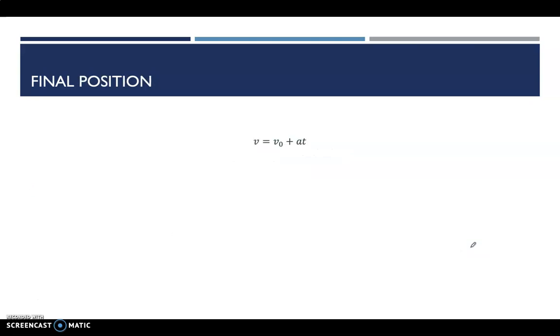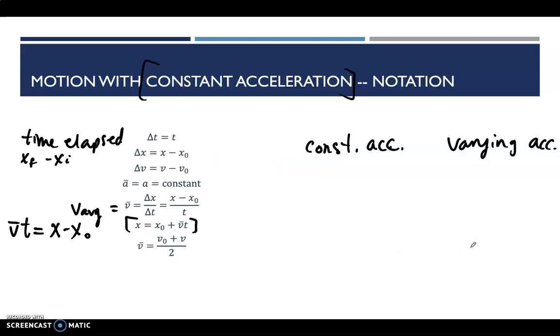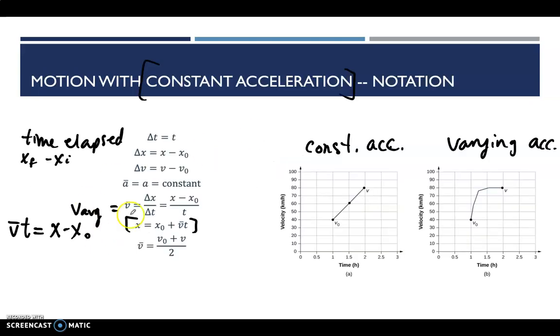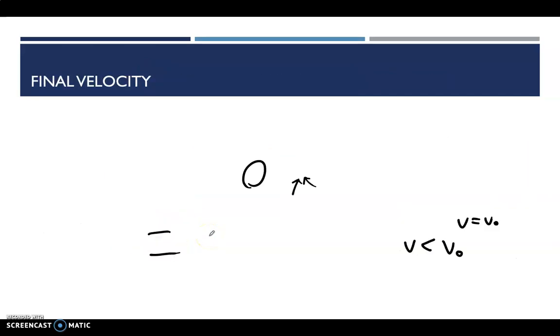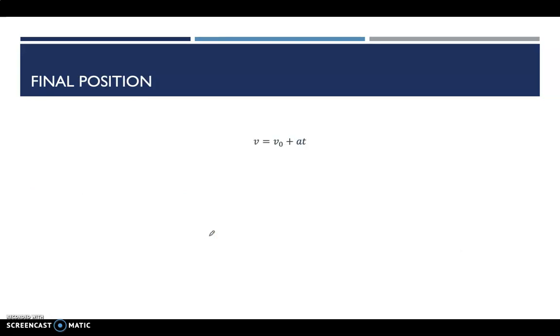All right, now looking at final position, we have this equation, and we can plug it in. So we have x equals x naught plus vt.